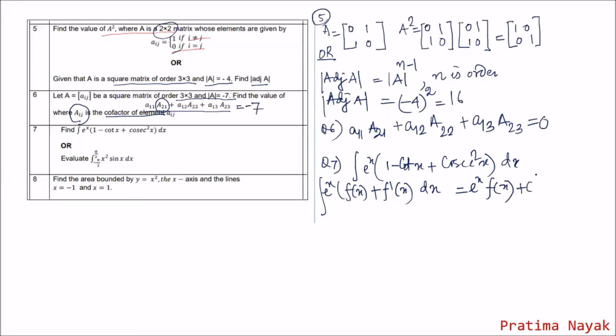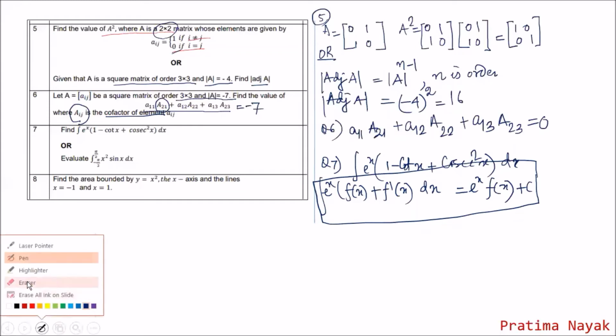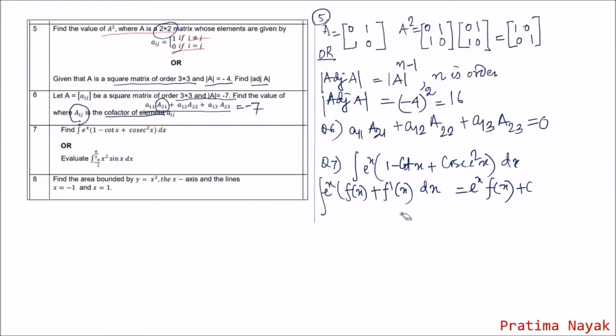So this conceptual question is asked as a 1 mark question. You have to find e to the power x into 1 minus cot x plus cosec square x. Which one will be your function? Which one will be the derivative? Let me write it down.